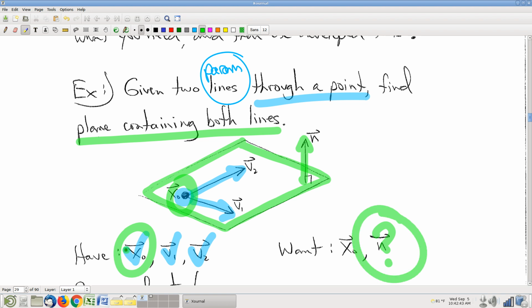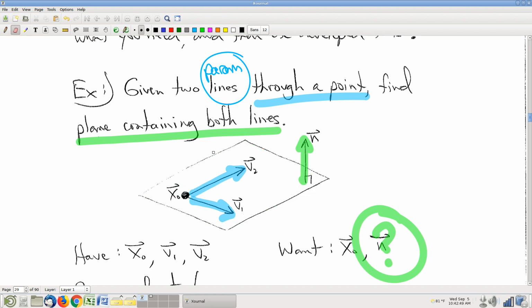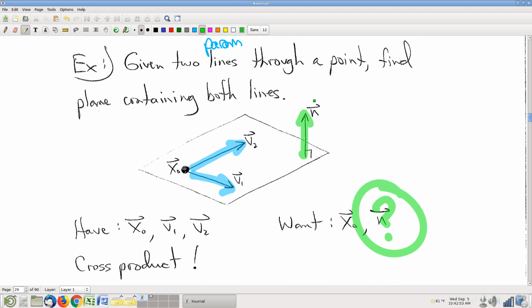So, how do you find that normal vector? Cross product, right? I want to find this green vector that's perpendicular to the plane. Well, therefore, it's perpendicular to any vector parallel to the plane. Therefore, it's perpendicular to the two given vectors.